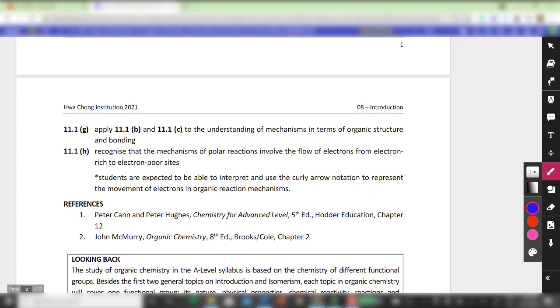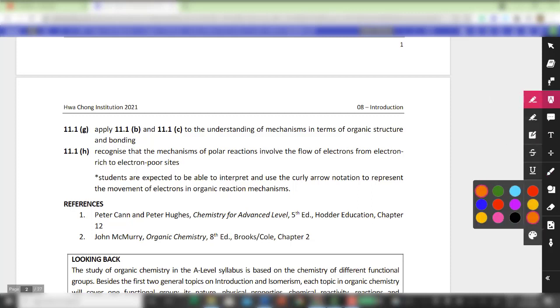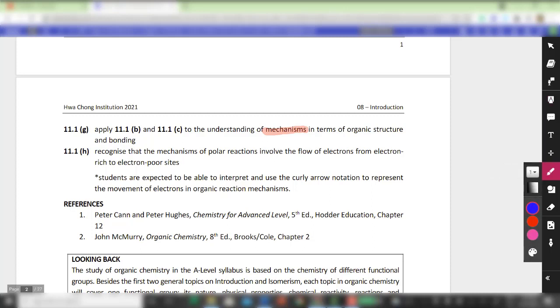Okay, understanding reaction mechanism. You are exposed to reaction mechanism in kinetics. However, over in organic chemistry, we represent mechanism in a slightly different way. We use arrows, or in particular curly arrows, that look something like this, curly arrows to represent electron pair movement, or we use a fish hook like this to represent a single electron transfer.